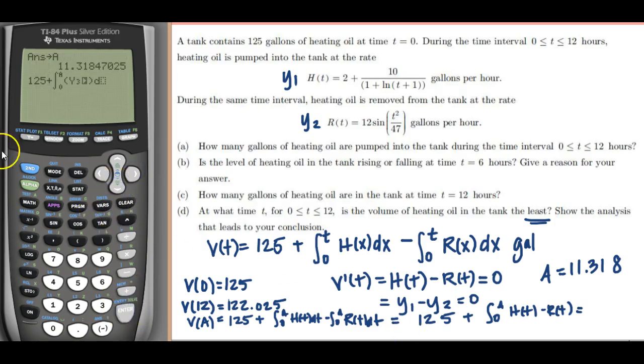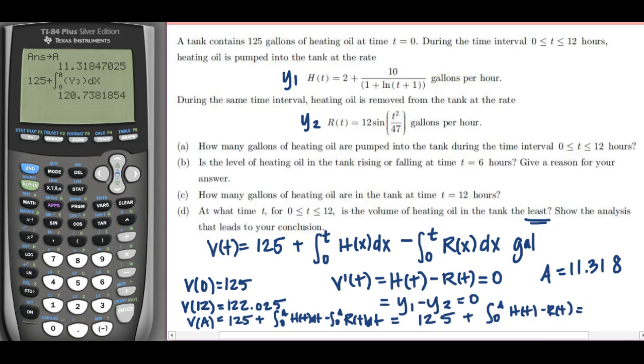So y3 was y1 minus y2. So I can do that instead, which is going to take the calculator just a couple seconds longer because now it has to reference some other functions, but definitely not too long. So that means that 120.738 is my answer to v of a.